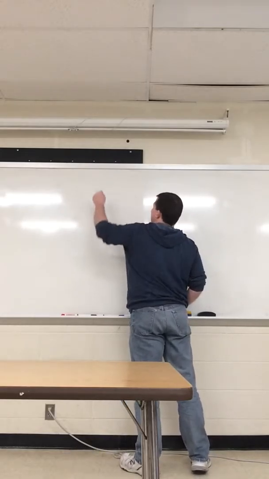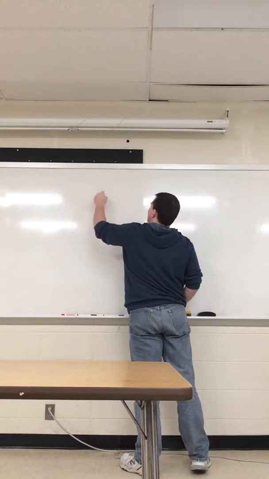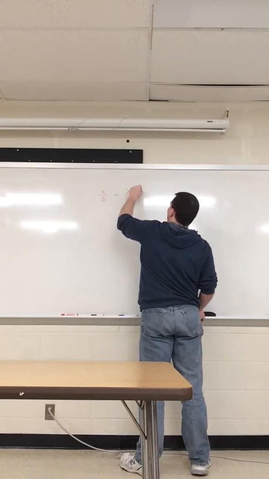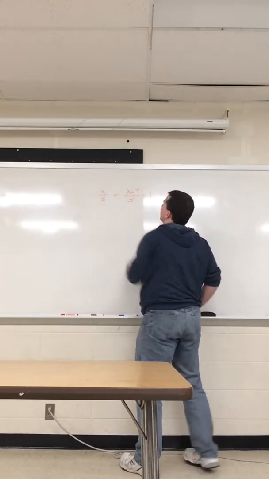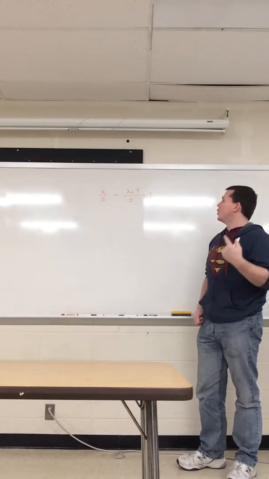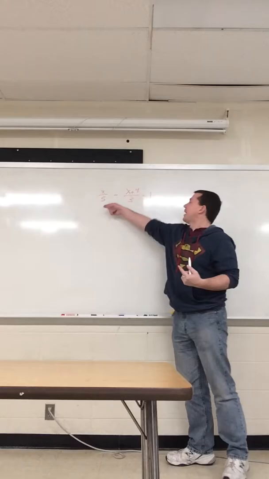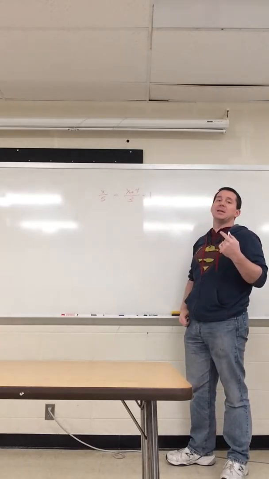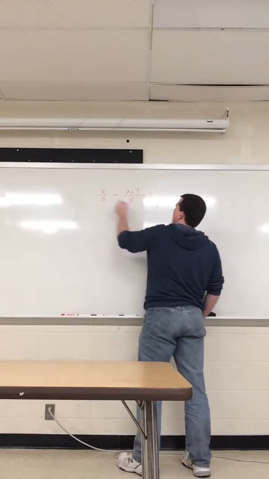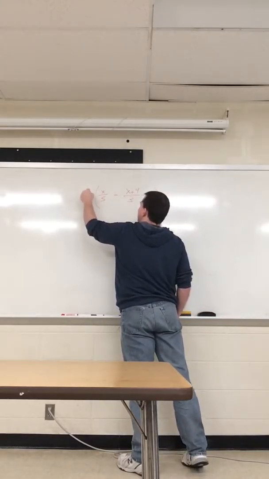So, suppose you have x over 5 minus x plus 4 over 3 equals 1. Same idea. I still have fractions, so find the LCM. I have a 5 and a 3, the LCM is 15, so multiply by 15. Put everything in parentheses.